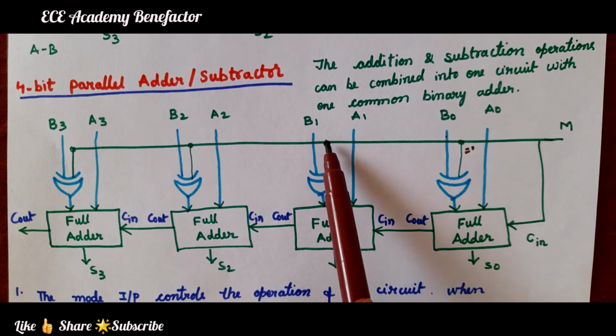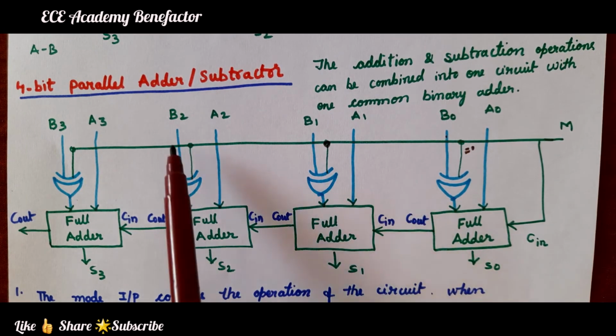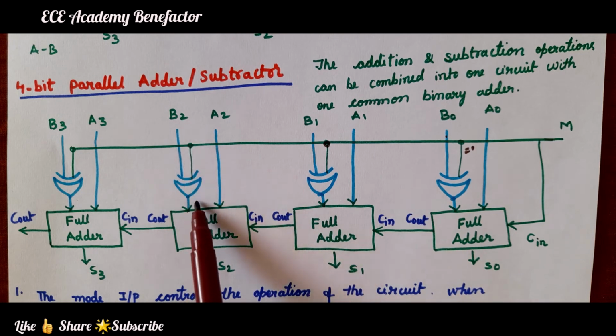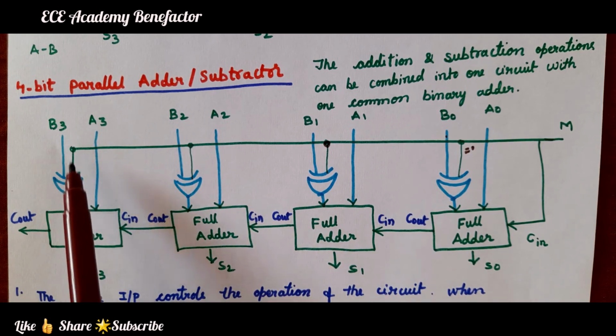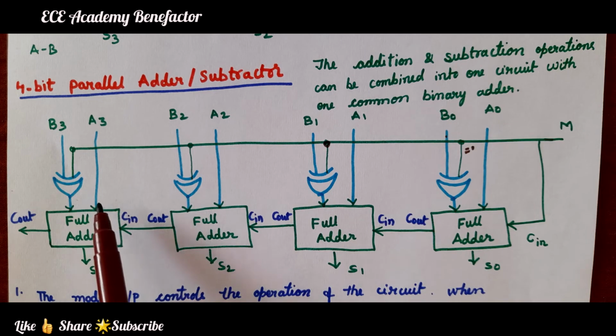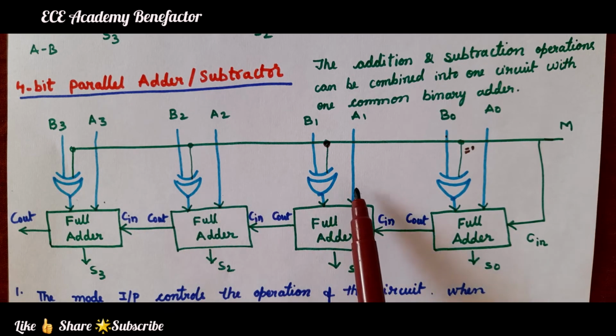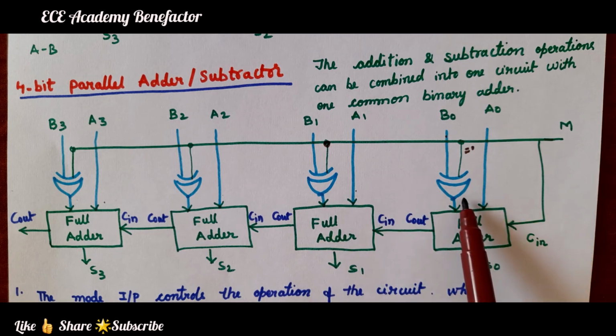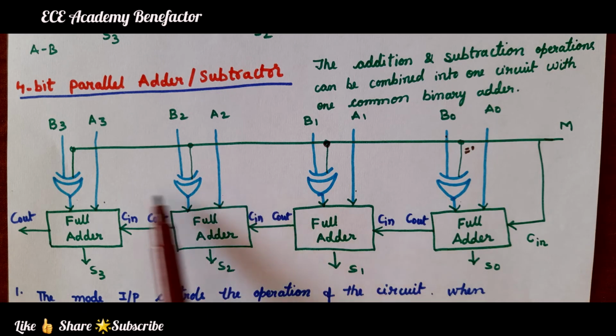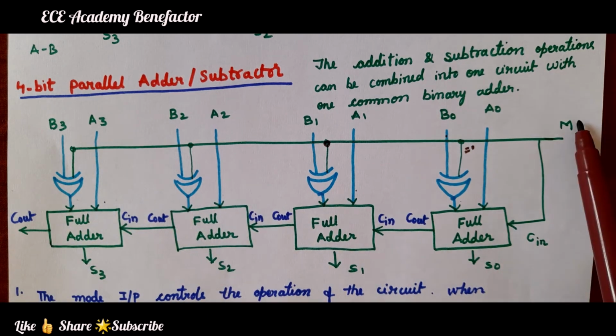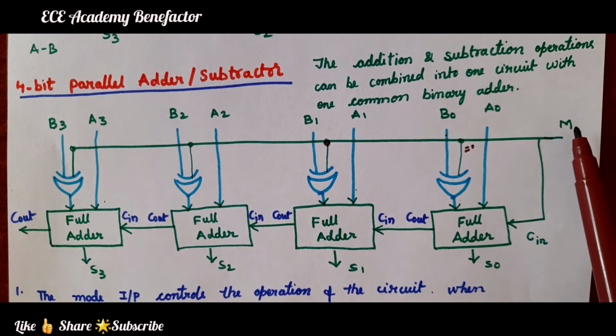So, B1 XOR 0 is B1, B2 XOR 0 is B2, B3 XOR 0 is B3. So, likewise we are getting the inputs A3, B3, A2, B2, A1, B1, A0, B0 with input carry 0. Now, this circuit works as an adder circuit when the control input M is 0.